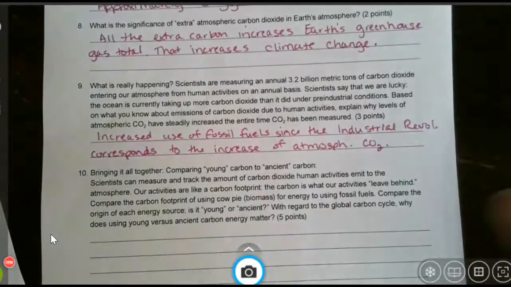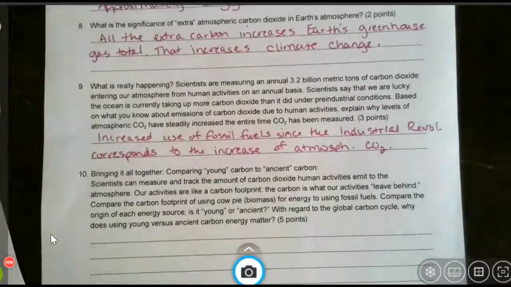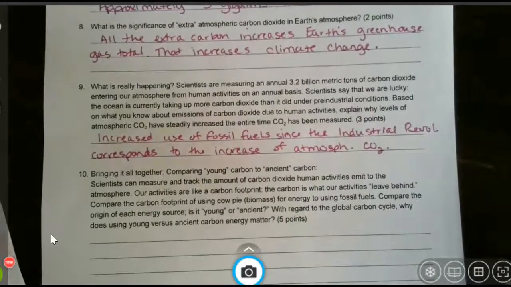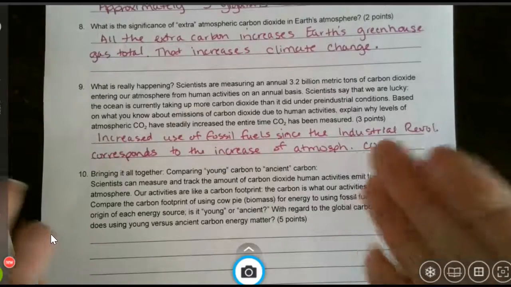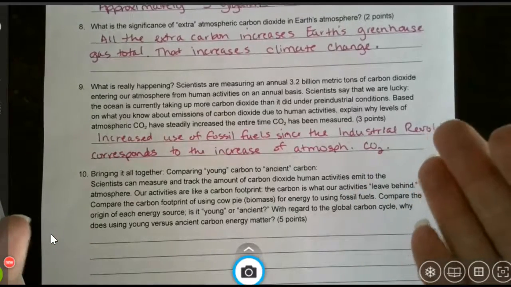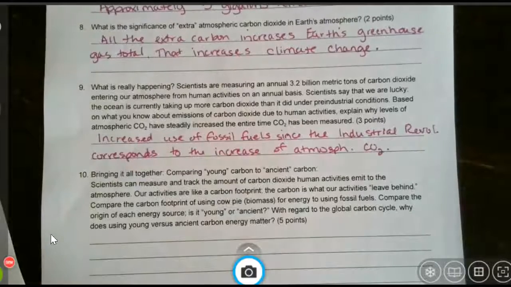So cow pies are the waste products from cows after they've eaten grass, which means that carbon has been absorbed by those plants in a fairly recent time, because plants, especially grasses, die out in the winter and liven back up again in the summer. They go dormant, so they're not really photosynthesizing, and they're not harnessing the sun's energy.